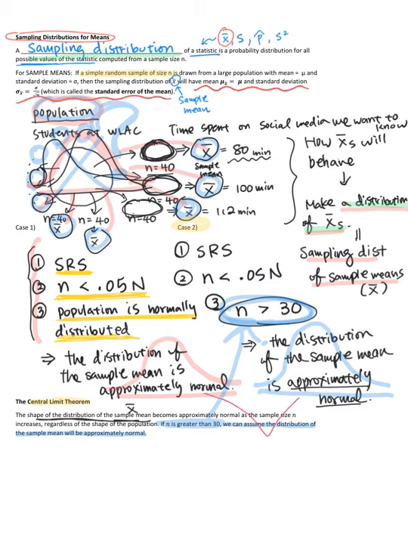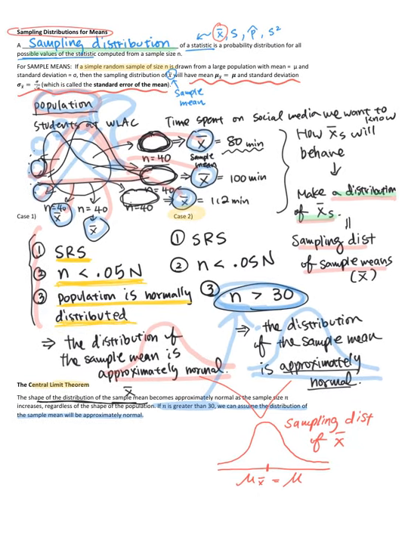The distribution of the sample mean is approximately normal, and the mean of the sampling distribution of x bars is mu, which is the same as the population mean, and the standard deviation of the sampling distribution is sigma over square root of n.